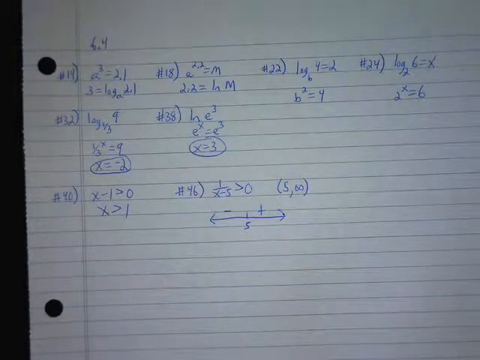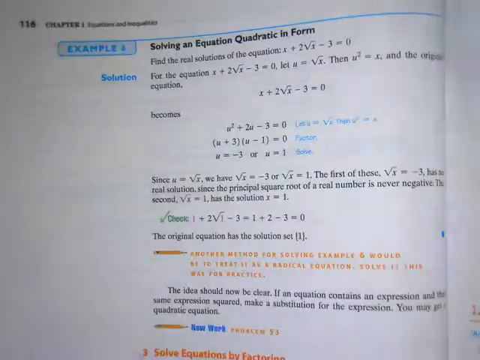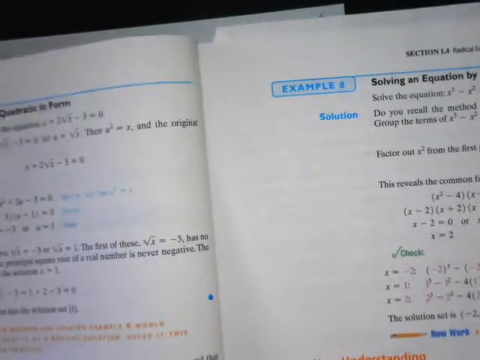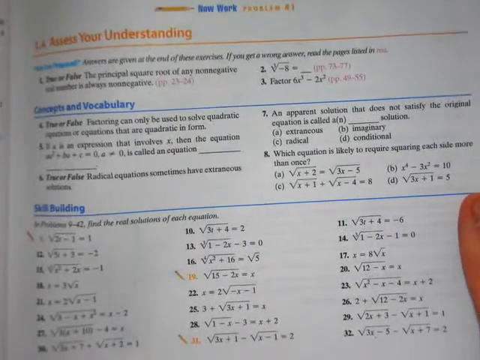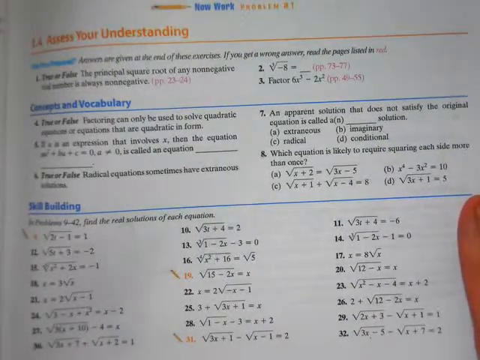Now, I will not say that those are the only problems you should do to practice, but I just thought it would be good to send you some practice questions and the answers for them. What I suggest you do, I'm going to put the book in front here, when you look at sections in the book, for example, section 1.4, this was the radical equations and then the quadratic in form.